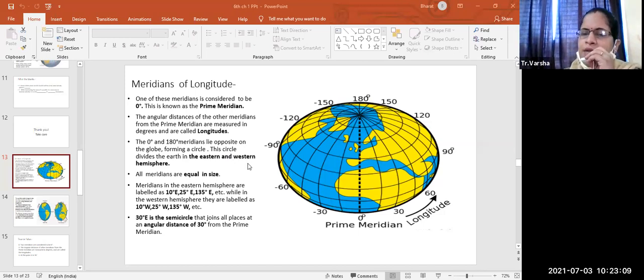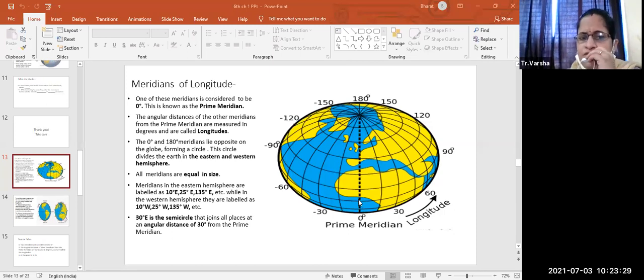How were we measuring from the equator? 0 degree, then 10, 20, 30, that was for the parallels. It is the same with the longitudes, these meridians; they are also measured in degrees.